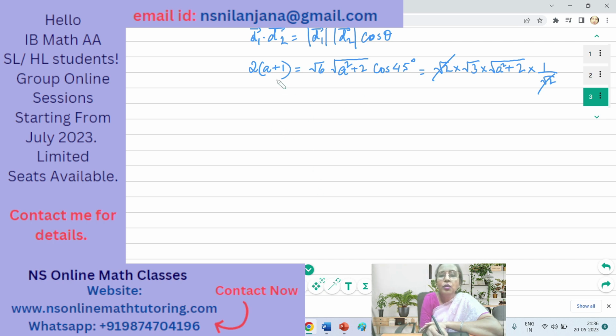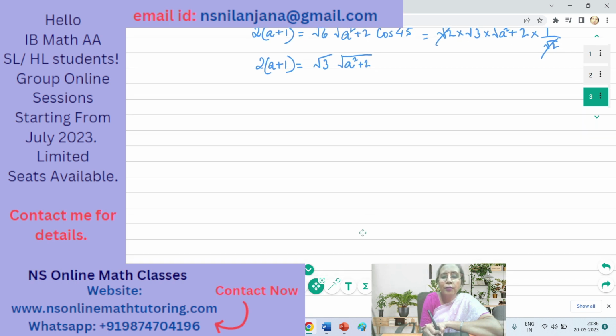And so let me write the equation once more. 2a plus 1 equal to root 3 times root a square plus 2. Okay? And we have to solve this equation in order to get the values of a.